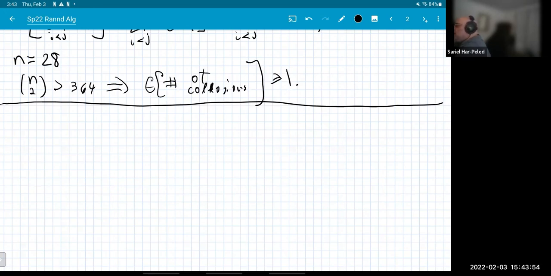So let's try to give a stronger argument. I'm going to be interested in the question of what's the probability. I'm going to define events.